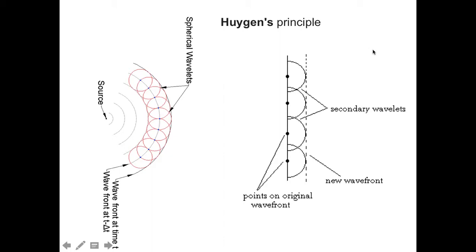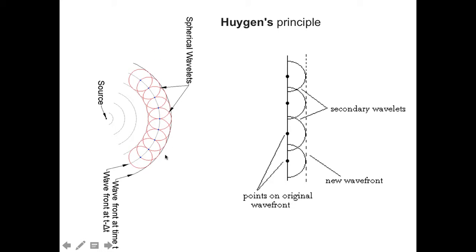Huygens principle describes the progress of a wavefront in a medium. Suppose this is the AB wavefront. Each point acts as a source and can generate another wavefront.